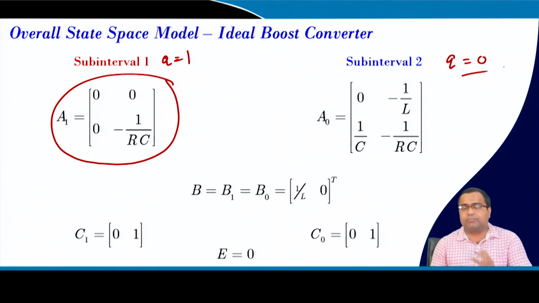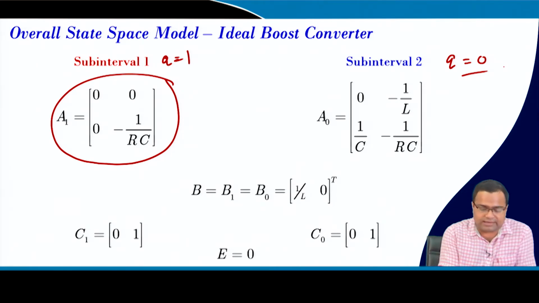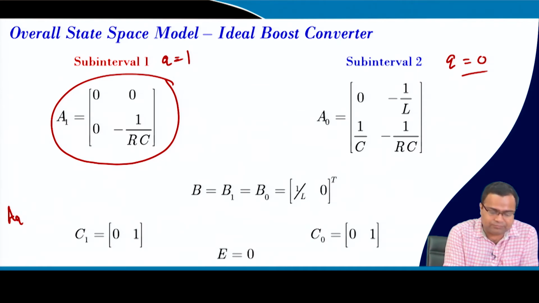If we try to write AQ, what is AQ? If you see these two matrices, the first term is 0, the second term is 1 minus Q by L, then 1 minus Q by C and minus 1 by RC.